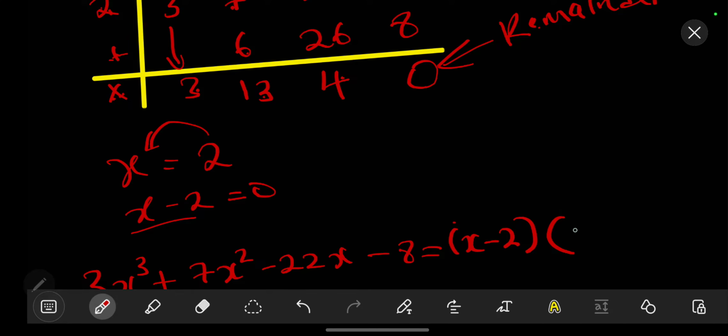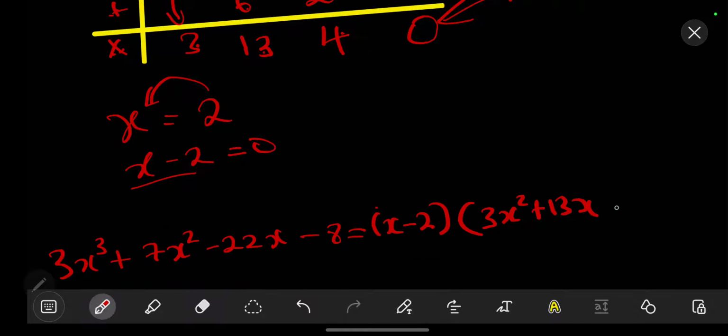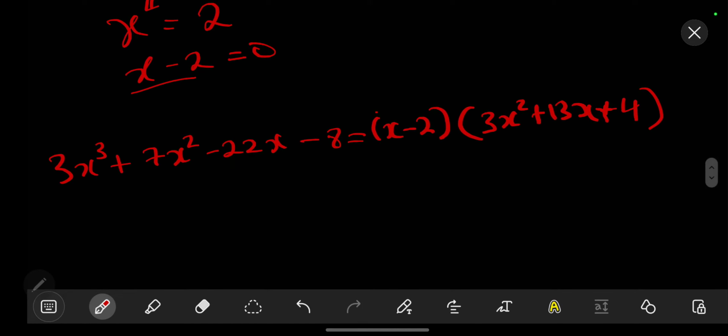So we have a 3x squared, plus our 13x, plus our 4, like that. So this is how we write the converted form. Just multiply whatever is your quotient, which is the result, times this other one. So let us factorize. So we have a 3x to the power 2, plus 13x plus a 4, like that. So this is equal to 0.